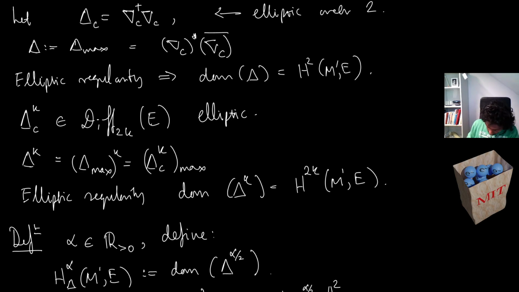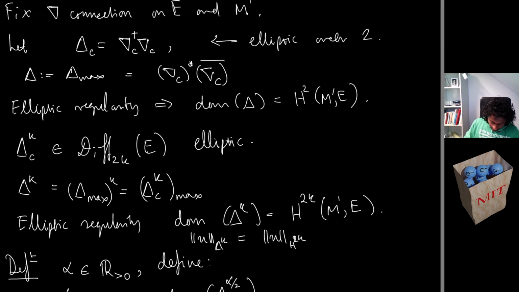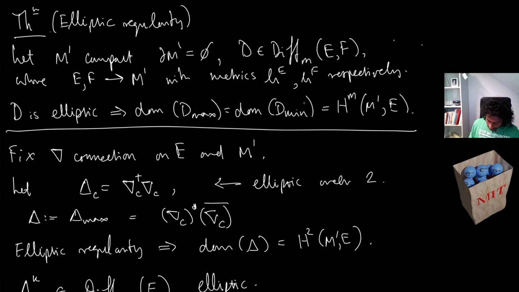So already here we have that the graph norm of this is equal to the H2k norm of U. Whenever we write these Banach spaces as being equal, maybe I should emphasize that this is also a norm equality.